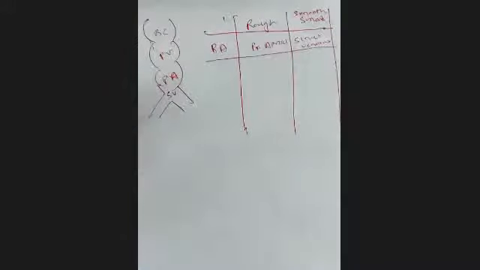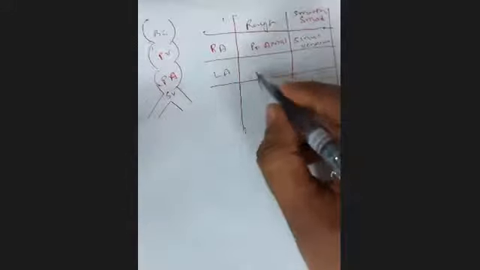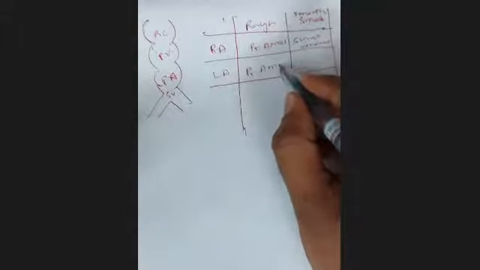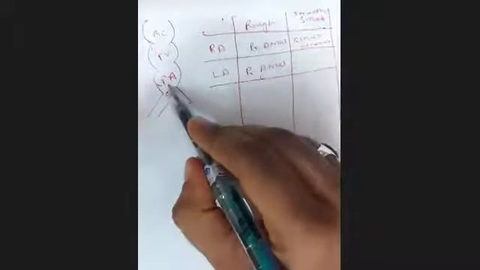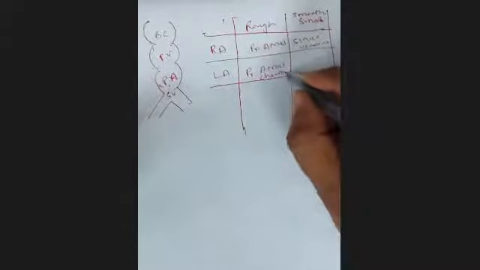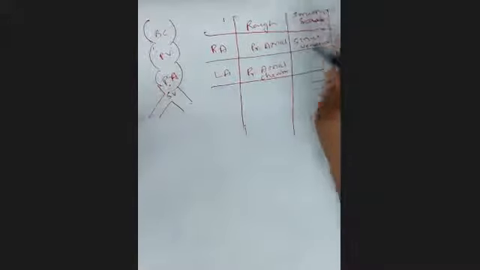Now when it comes to the left atrium, the rough part will develop from the primitive atrial chamber. And what about the smooth part of the left atrium?